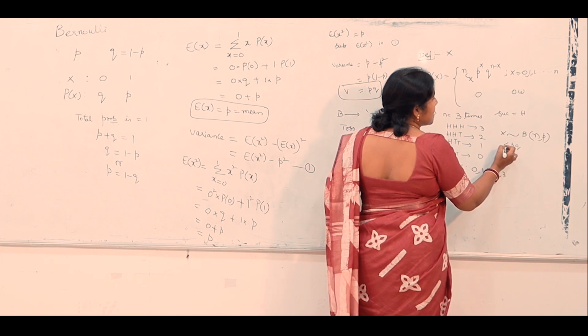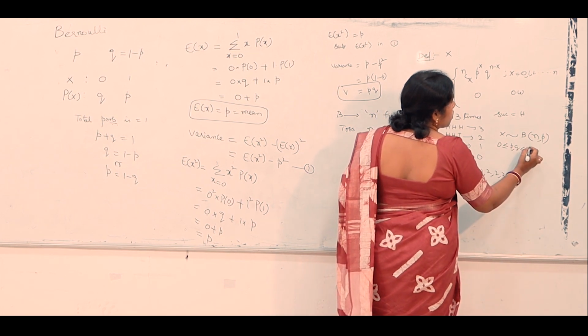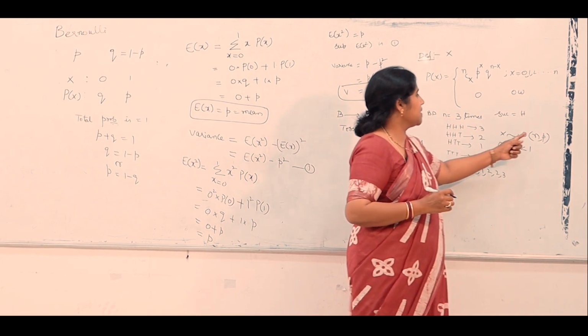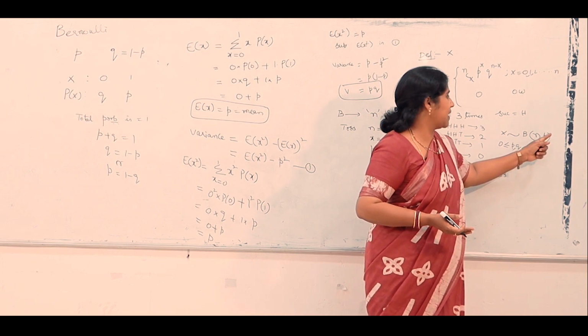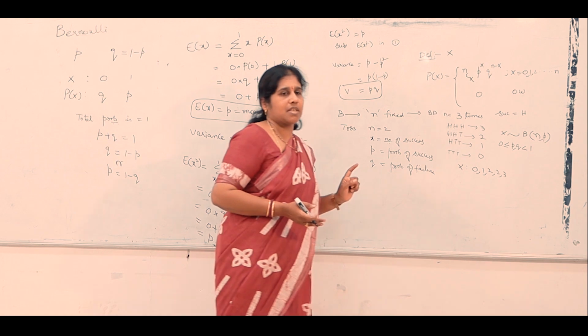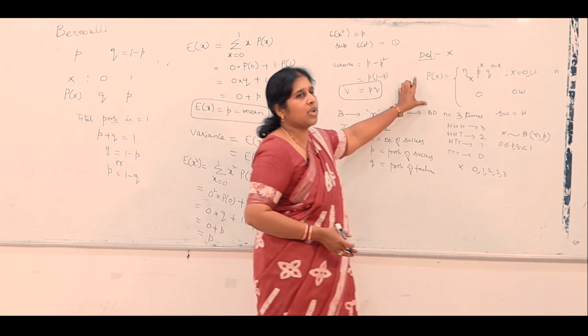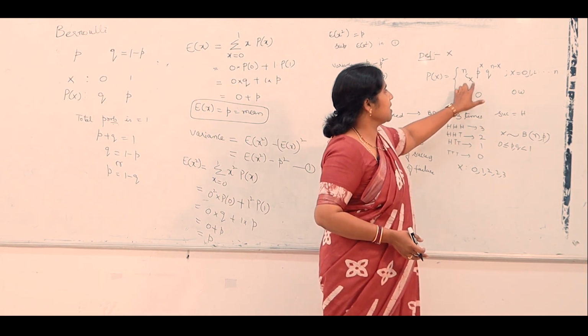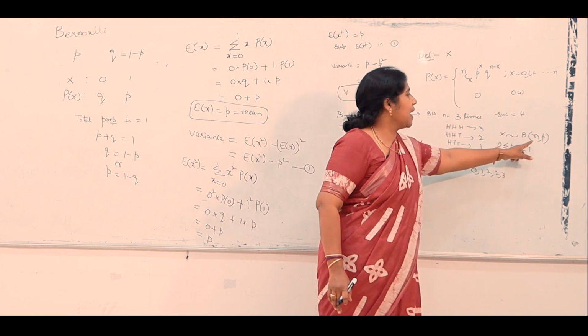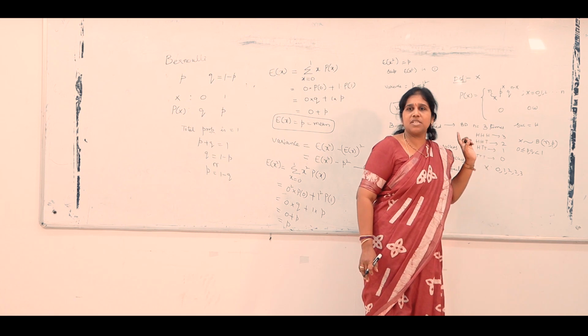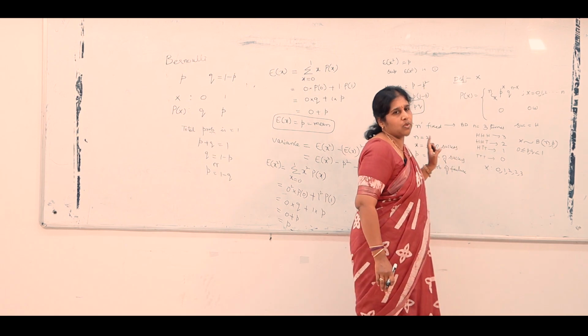Both lie between 0 and 1. And n is a positive integer, the number of times you do an experiment. So this is your definition of binomial distribution: nCx, p power x, q power n minus x. And n and p are called the parameters of binomial distribution.